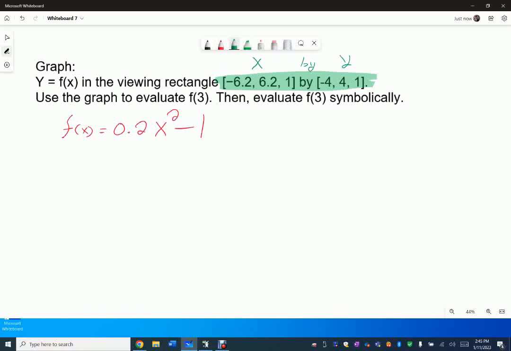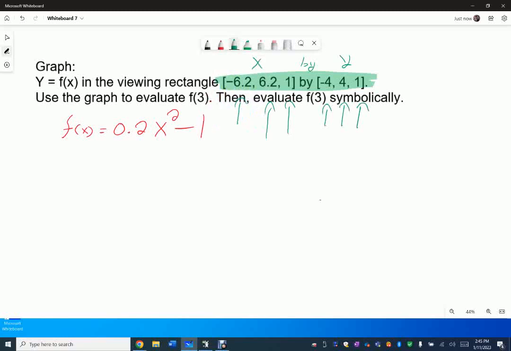So x then y. The viewing window starts with my x minimum, x maximum, x scale, and then it's going to be the y minimum, y maximum, y scale. I'm going to do this first by hand, and then we'll do it by a calculator.